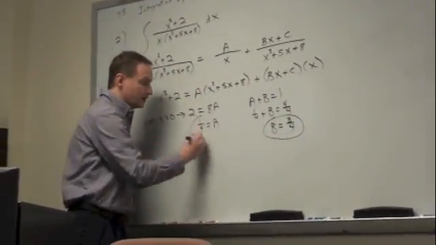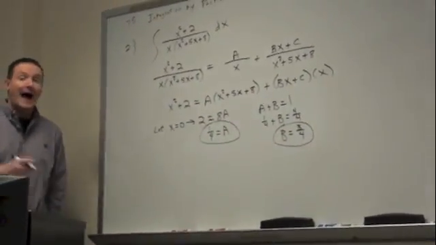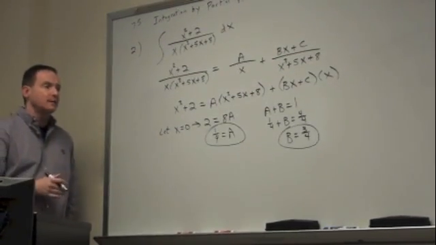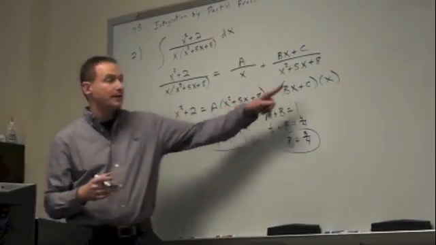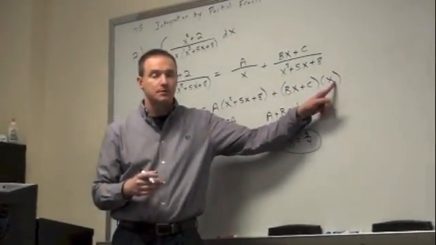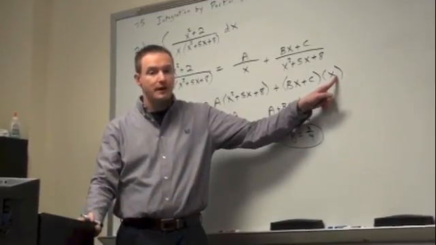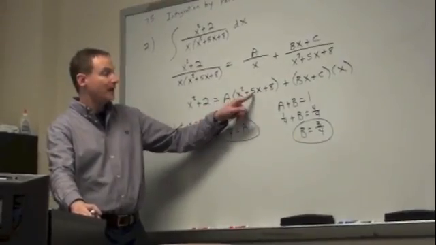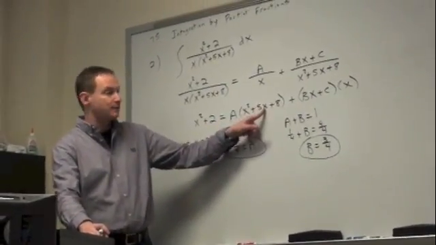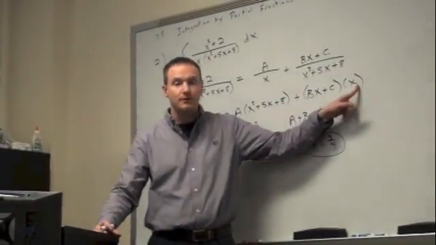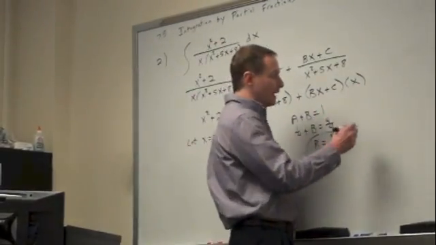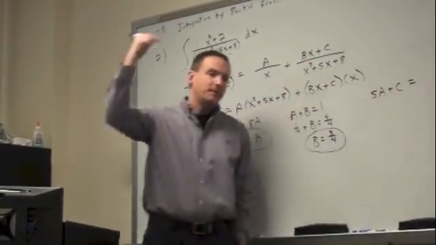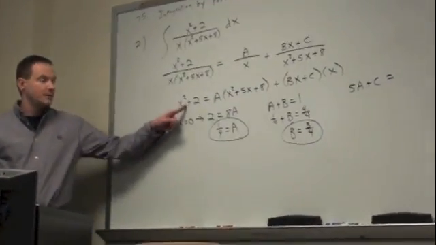I have A, I have B, I need C. Well, I know that C is going to be a coefficient of x to the first. Do I have any other coefficients of x to the first? Not B. A, yes. 5Ax plus Cx, that's going to be my coefficients of x on the right, so I can say 5A plus C must be whatever the coefficient of x is on the left.